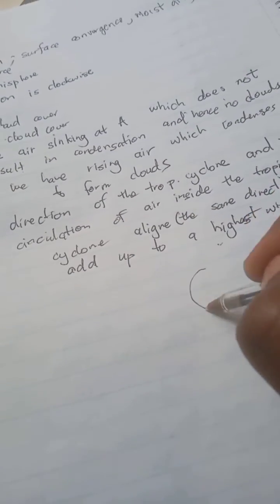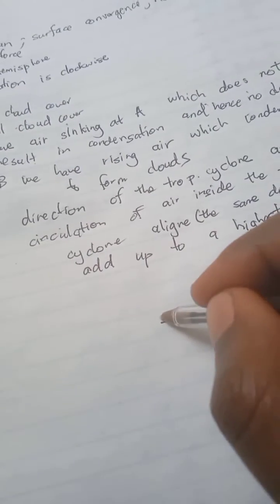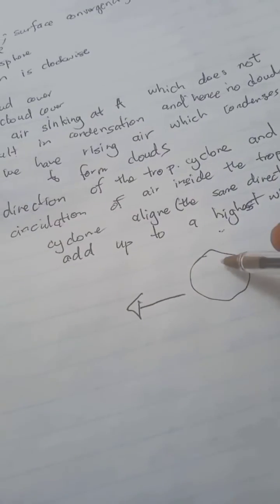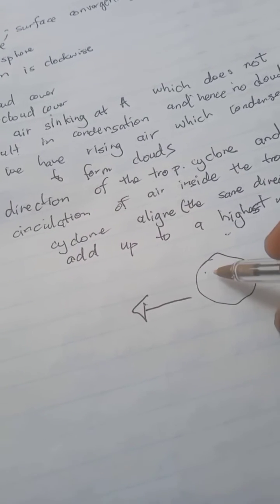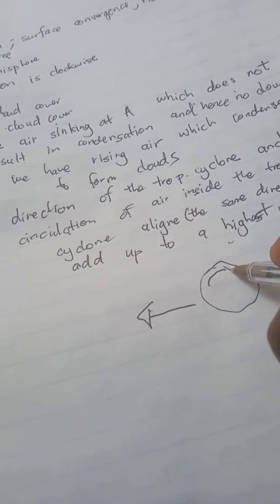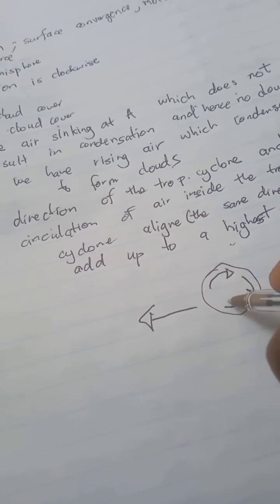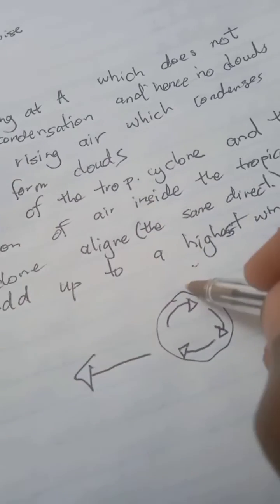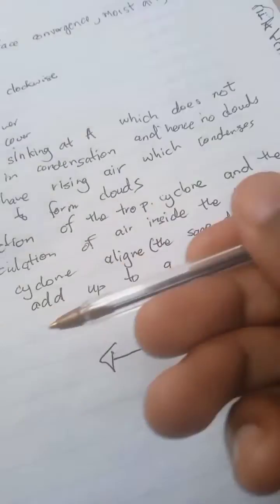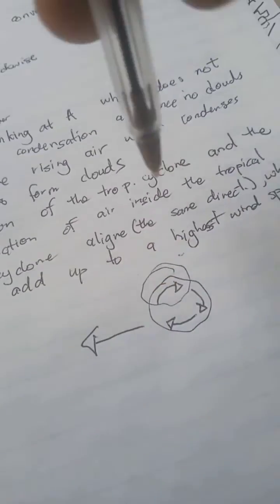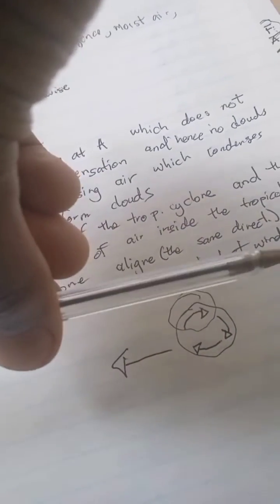So basically the tropical cyclone is moving, let's say it's moving to the west, right? Inside, you have clockwise circulation, right? Now let's focus on this region. What's happening here? The tropical cyclone is moving this direction, but the air inside is moving that direction, as you can see.